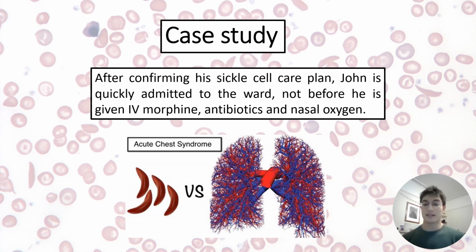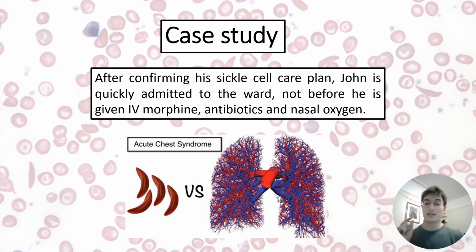And what's happened in this case is that John's having an acute chest syndrome. So if we look at that image, we can see all of these blood vessels in the lungs. There's a huge amount of very small blood vessels in the lungs.